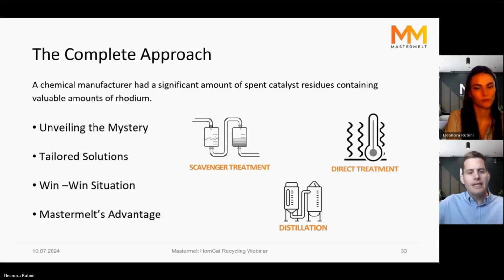So our success here really demonstrates our ability to optimize PGM recovery from really challenging waste streams. And we know that one solution doesn't fit all. And this is why we made the decision to make sure we had all three technology pillars in-house, so we have full control and we're able to optimize these processes along the way and use, as we did in this example, all three technologies to get an optimized recovery for the customer.